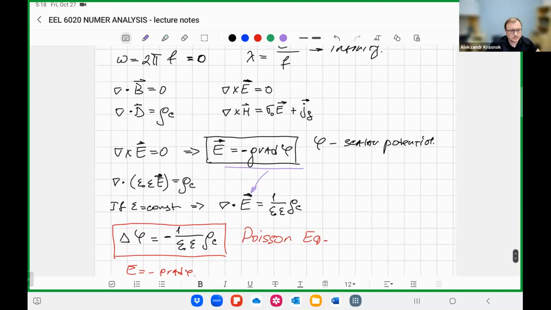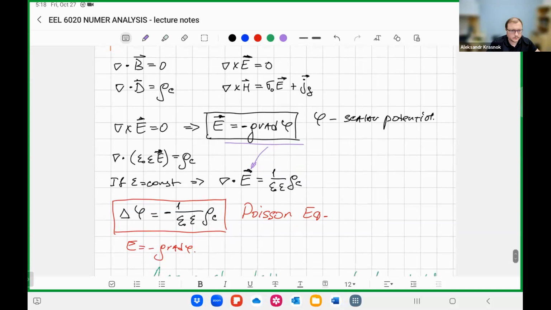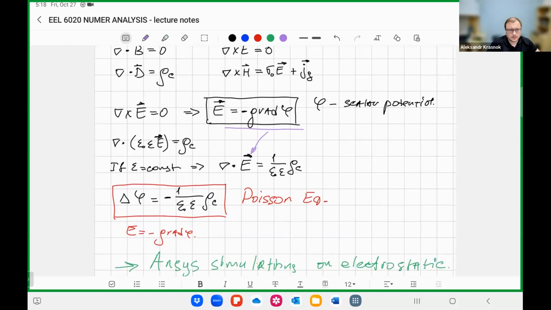For example, for the electric field, we can introduce this scalar potential, because if the curl of electric field is 0, then the vector of which curl is 0 we can write as a gradient of some scalar field. This formula, E equals minus gradient phi, the scalar potential, holds only in the static regime.